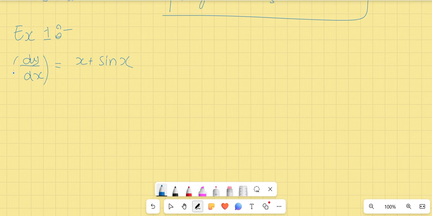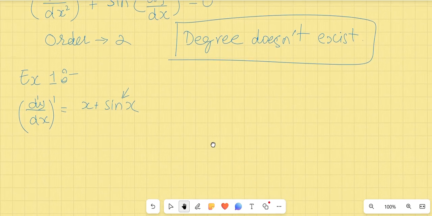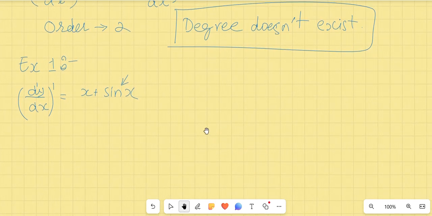So we will check order 1 and degree 1. But once it involves the sine, in that case we will say that the degree doesn't exist, but the order is gonna be 1.